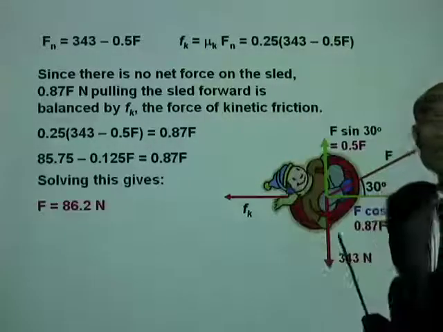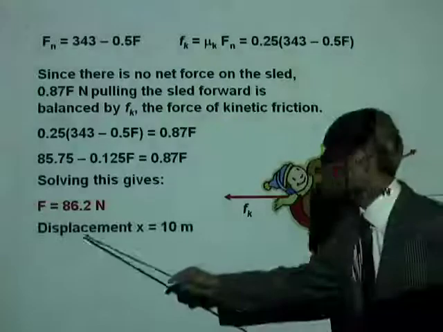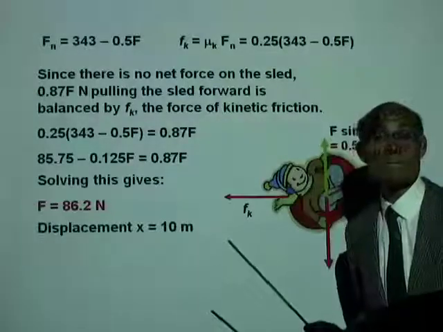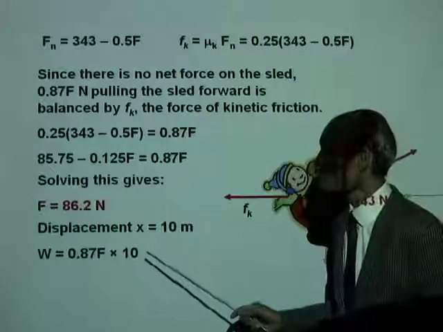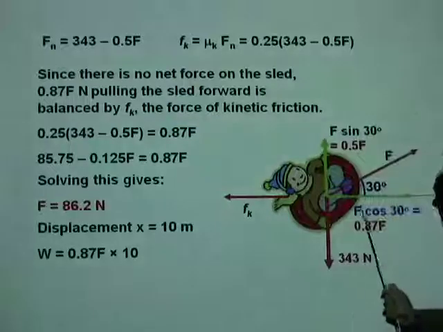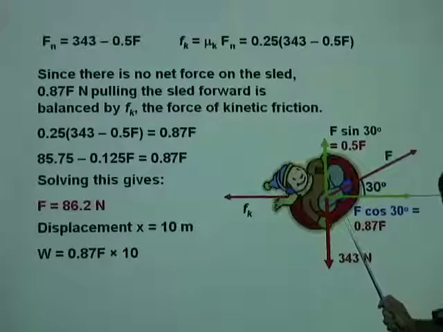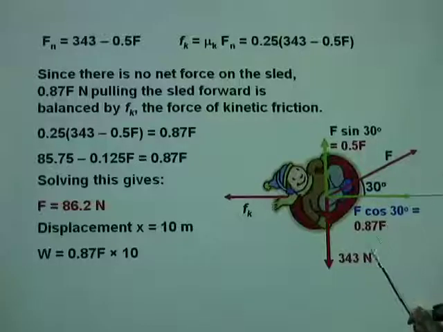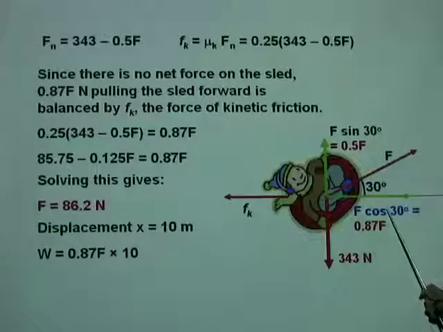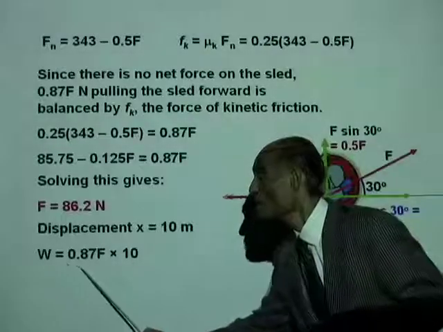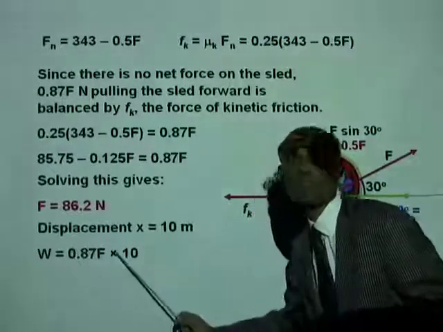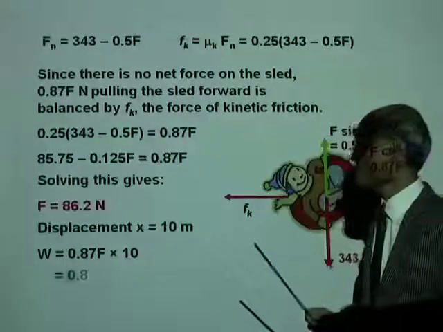We can now find the work done. The displacement is 10 meter. Therefore, what is the work done? The work is done by this force, 0.87 F. F cos 30 degrees multiplied by the displacement. That is 0.87 F multiplied by 10.